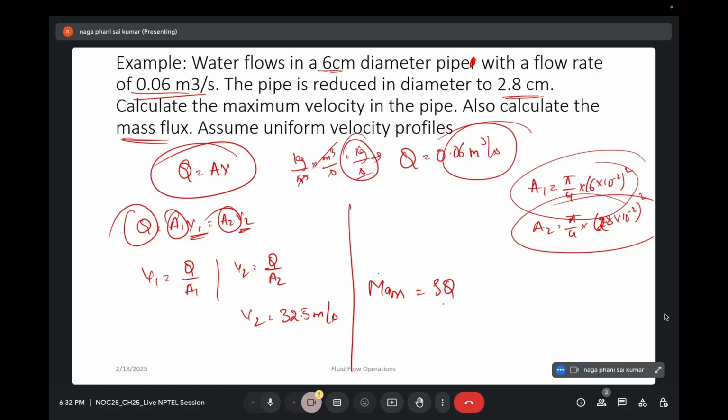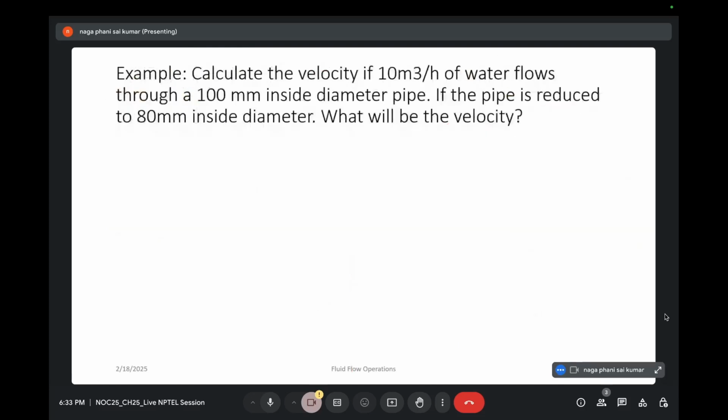So just multiply density, 1000 kg per meter cube since water is flowing in the pipeline, by the flow rate, 0.06. We get 60 kg per second as the answer.